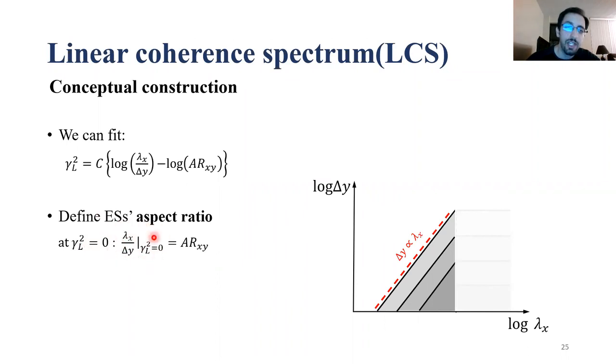So this aspect ratio is a spectral aspect ratio because we have a wavelength here. So this is different from the physical aspect ratio of the eddies, but is proportional, in fact, to the physical aspect ratio of the eddies, because lambda x, the wavelength associated to each eddy, is proportional to the streamwise length of that eddy.